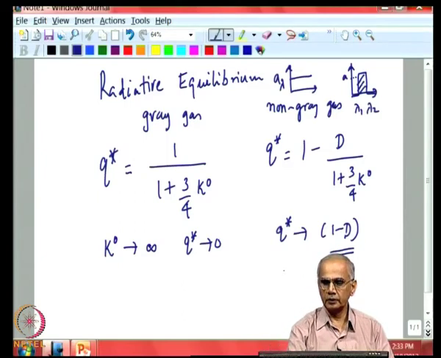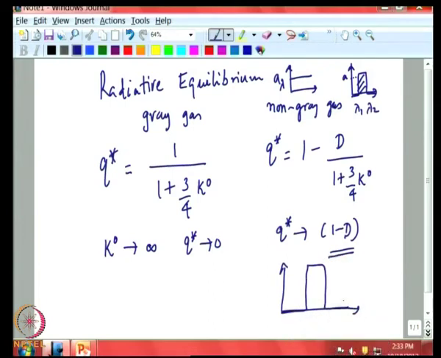Essentially the gas is absorbing only in a narrow region, and in the transparent region radiation is always transmitted through the gas, whatever the absorption coefficient of the gas. As long as it is non-gray, there are regions, called windows, where the gas is transparent, and hence Q star, the heat flux, can never go to 0. In a gray gas it goes to 0.